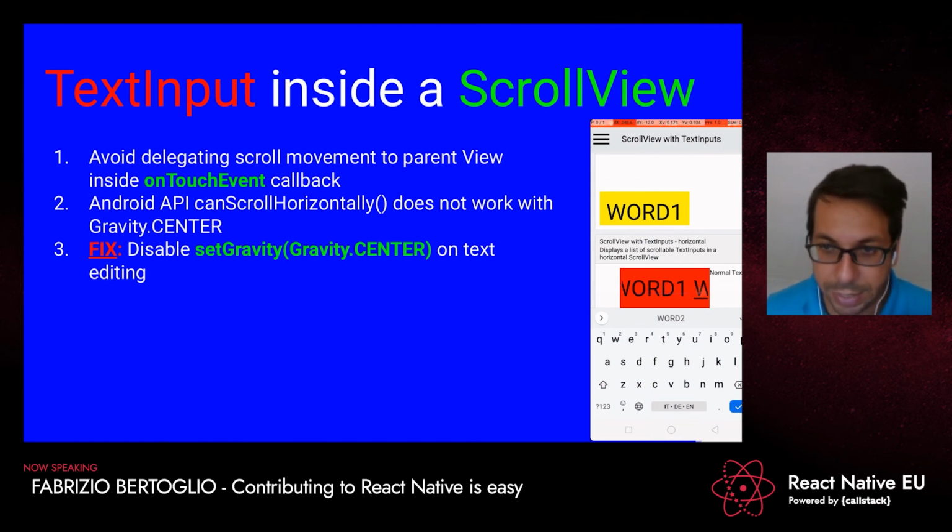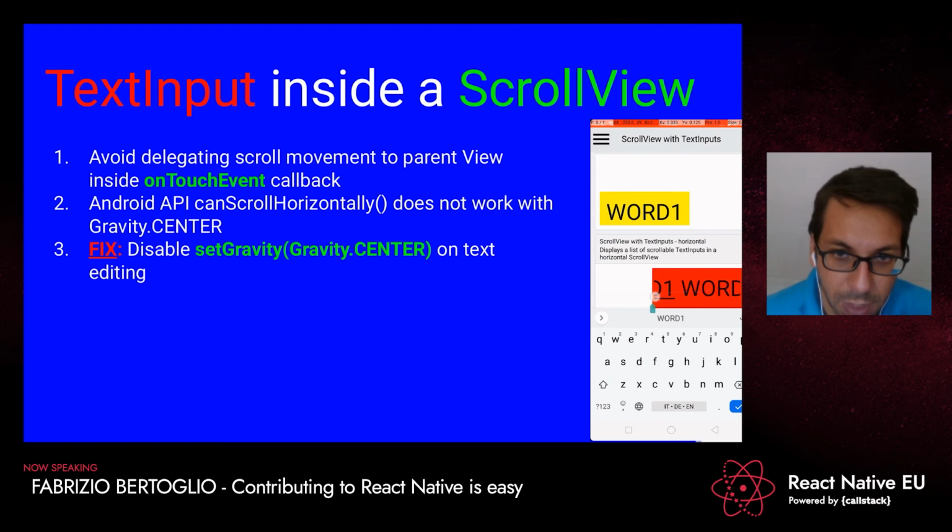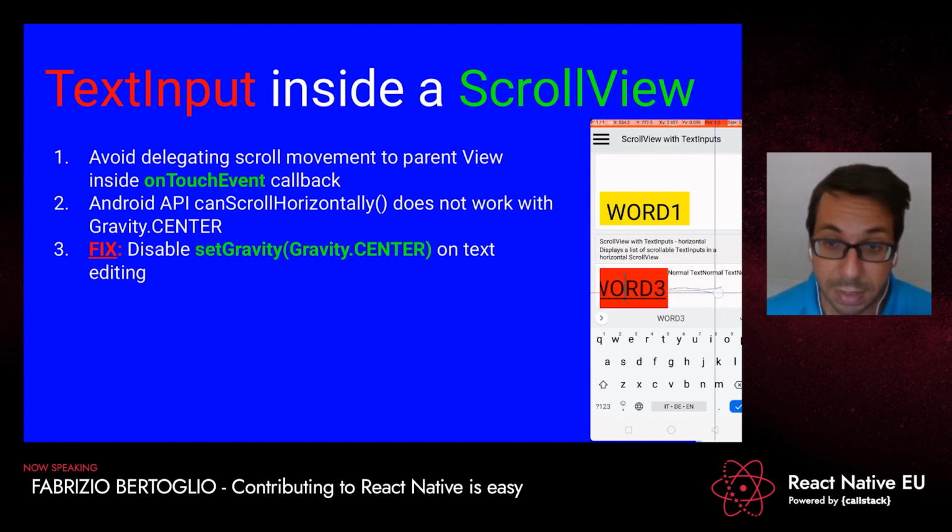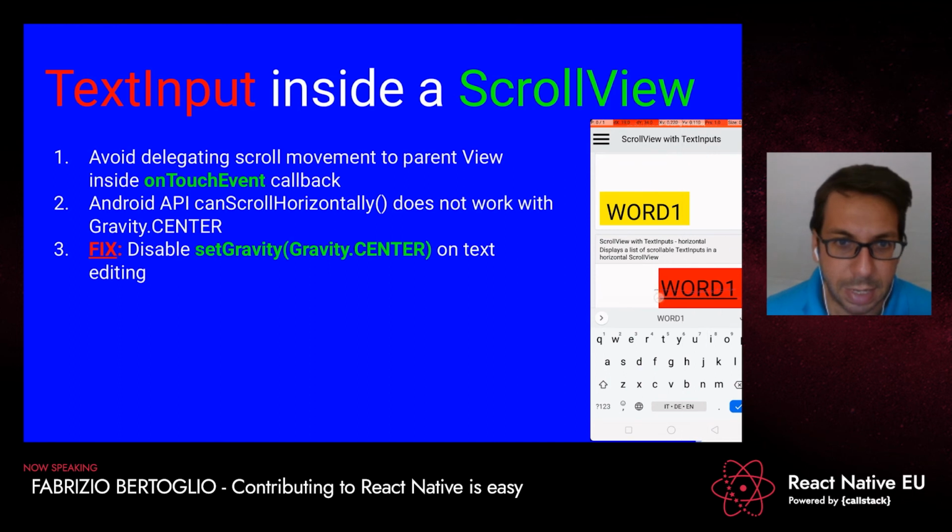Text input inside a scroll view. The next issue also has a very simple solution. In at least some situations it's not possible to scroll a text input when it's inside a scroll view, because the onTouch event will delegate to the parent view, and this is mostly caused by the canScrollHorizontally and canScrollVertically methods from the Android API, which do not really work with Gravity Center. So the solution here is also very easy.